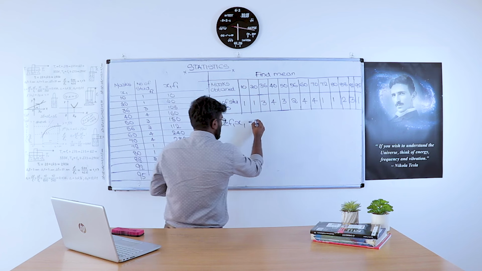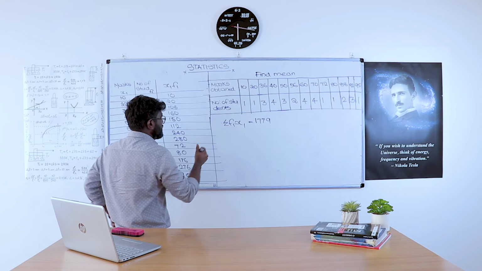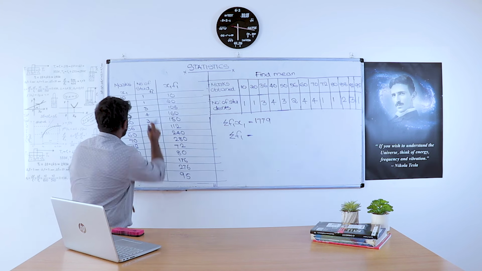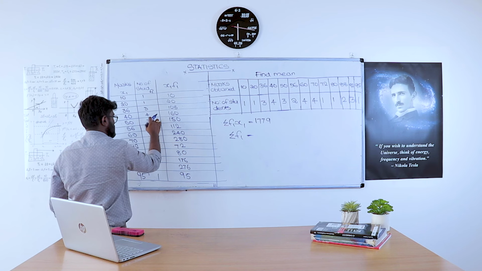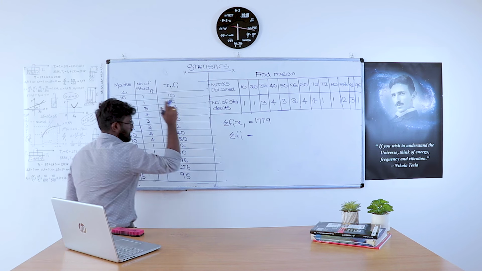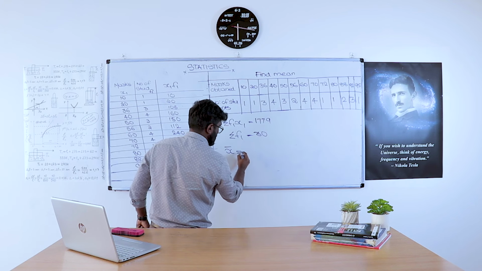So summation fi xi is 1779 and summation fi, the total number of students, is the sum of this: 1, 2, 5, 9, 12, 14, 18, 22, 23, 24, 26, 29, 30. So the mean, simple calculation, the mean is the average.